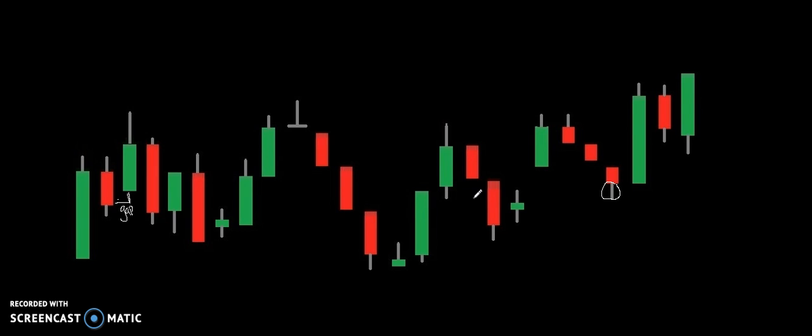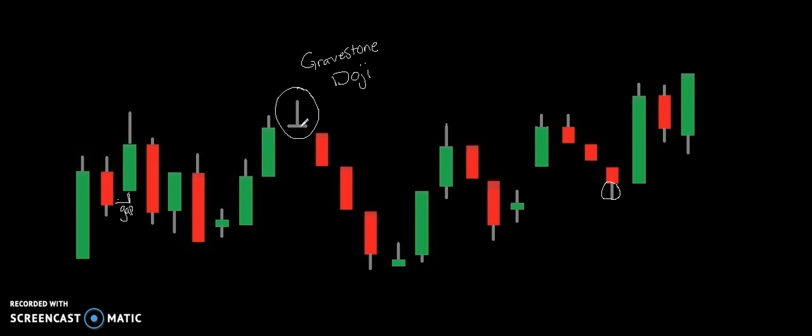So let's take a look at some more things that we'll see in these charts. Alright, this one right here, this is called a Gravestone Doji. Recall that a doji is a candlestick where the price moves throughout the day, but it ultimately doesn't really change.